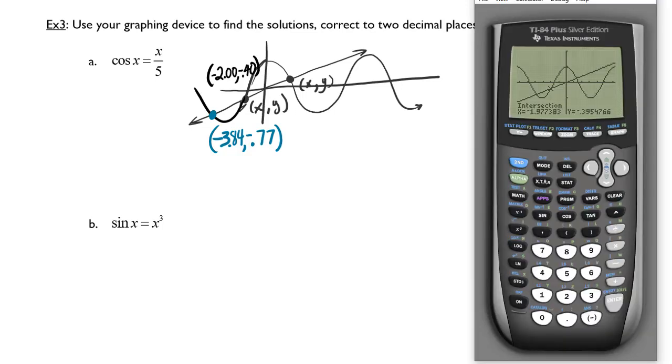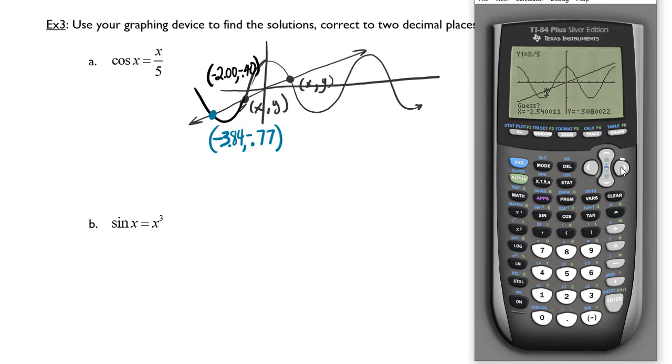And then the last one, second, calc, intersect, will be right here. So we need to give our lines. First line, yes, enter. Second line, yes, enter.